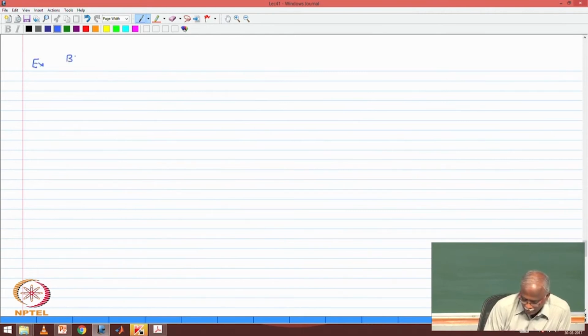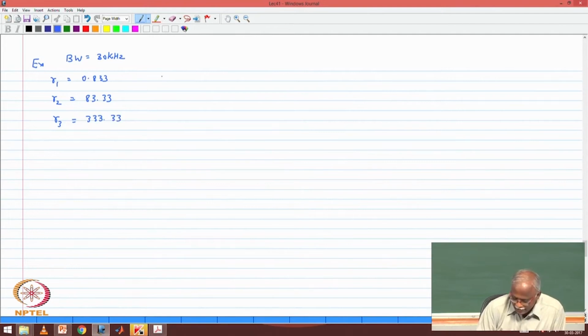Example: the bandwidth is 30 kilohertz. I have 3 SNRs, gamma 1, gamma 2, gamma 3. This is 0.833. The next one is 83.33. This one is 333.33. And the probabilities are 0.1, 0.5 and 0.4. Okay. So I want to do channel inversion.